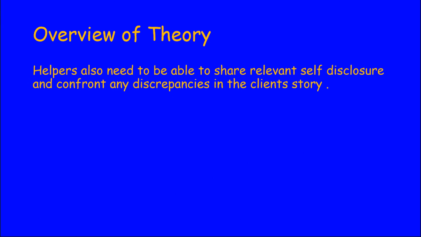So as we keep going through the theory, helpers need to be able to share relevant self-disclosure and confront any discrepancies in the client's story. So we talked about challenge earlier on. But also relevant self-disclosure. Now, what is relevant self-disclosure? Well, I'll give you another example.